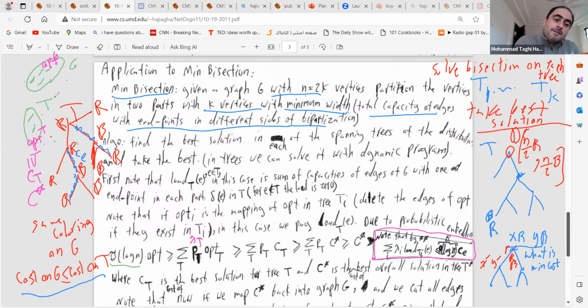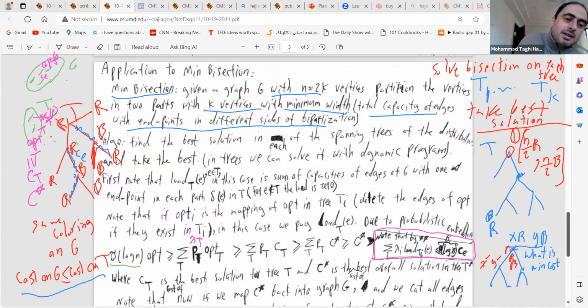By the way, one thing: when we cut this edge here, the cost of this edge here is different from the cost of this edge here. In the optimum, in the graph, it is c_e, but here it would be c_T of e.